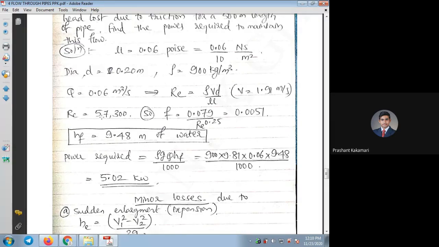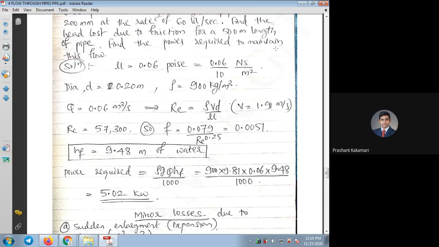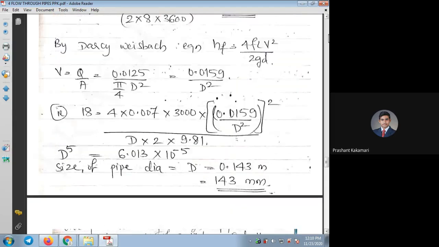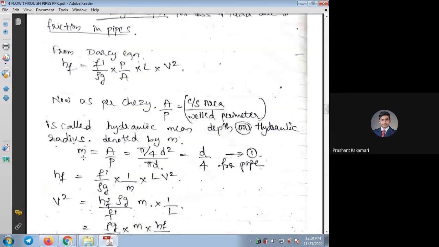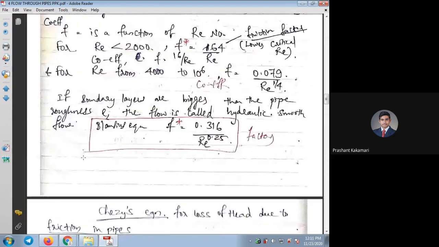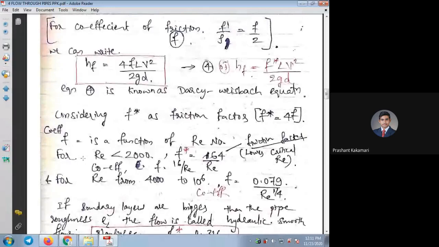So 5.7 into 10 raised to 4 indicates the Reynolds number is above 4000, so it is a turbulent flow. Now go back to the theory part that we discussed. From that we need to choose which equation can help us to find the coefficient of friction.